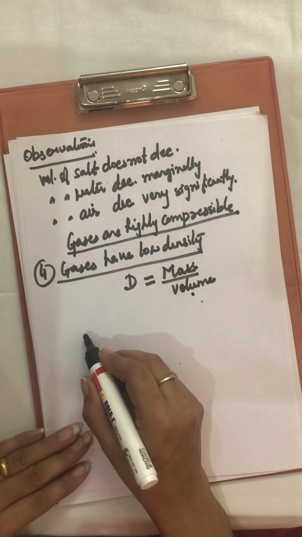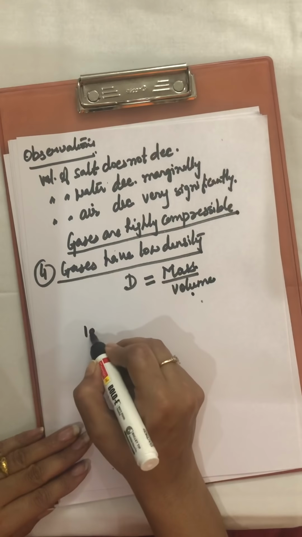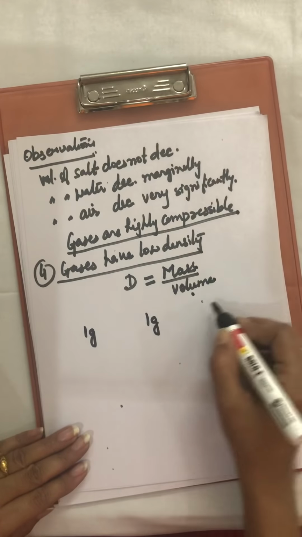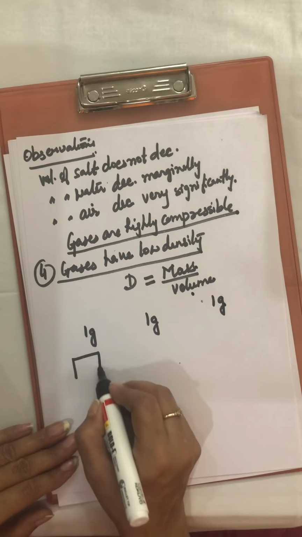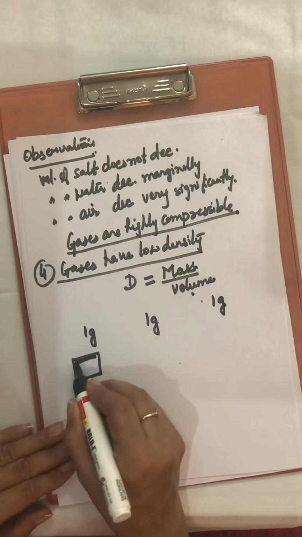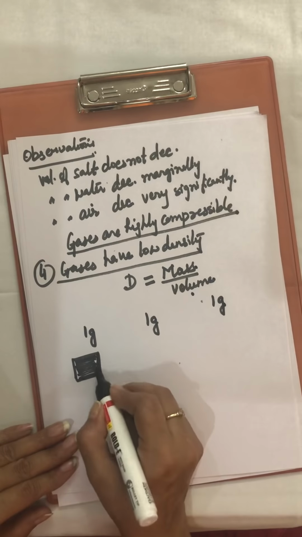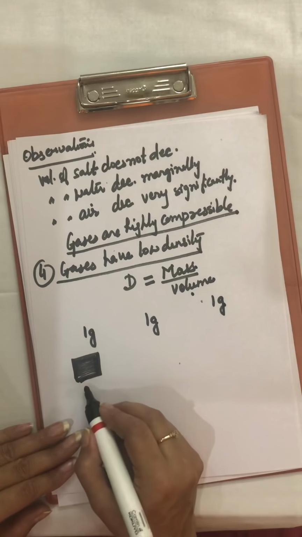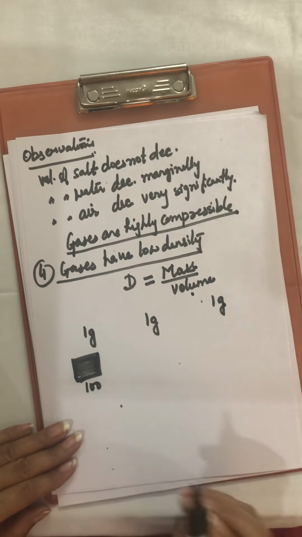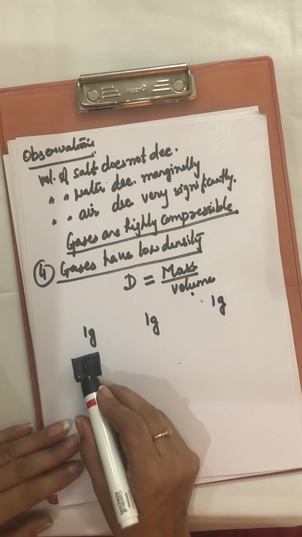So if we take, for example, 1 gram solid, 1 gram liquid and 1 gram gas. Let's say this much space is occupied by the solid. Like for example there are 100 particles here. So they pack in this much space.